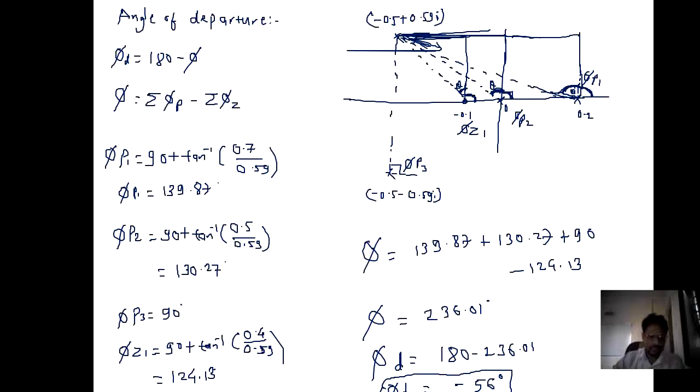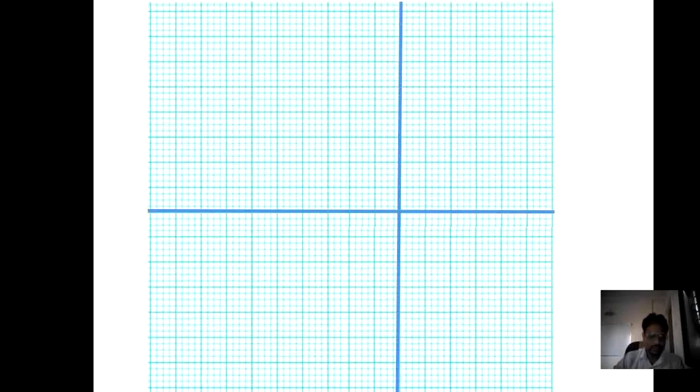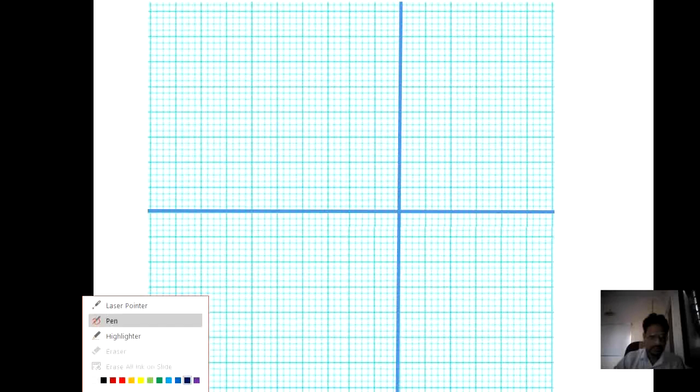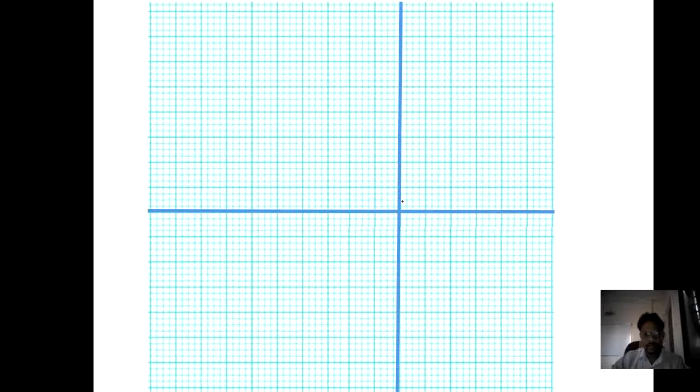So now let us draw the root locus. Our poles are at 0, then at 0.2. Suppose this is 0.1, 0.2.